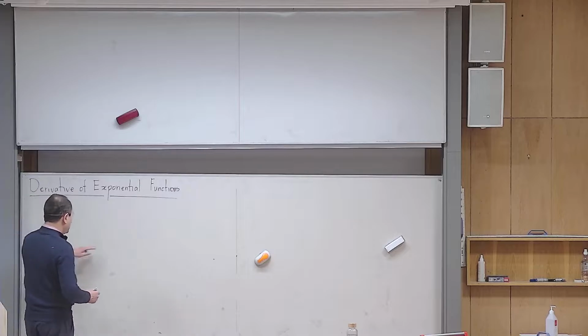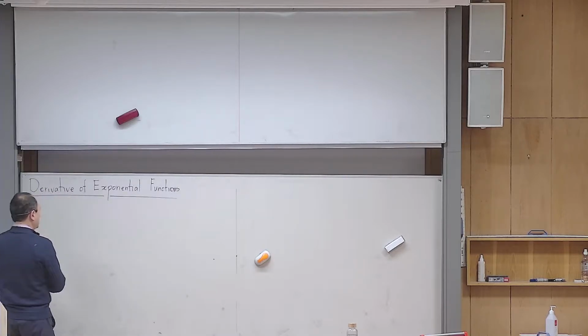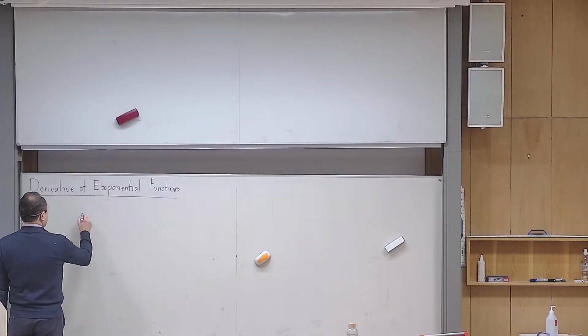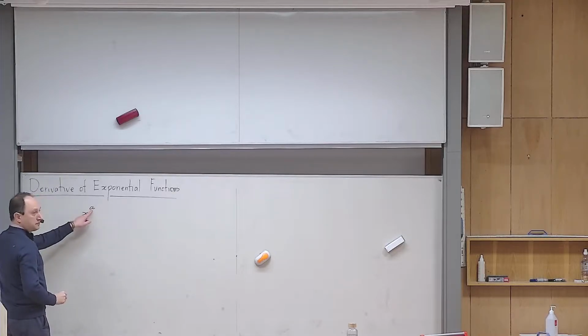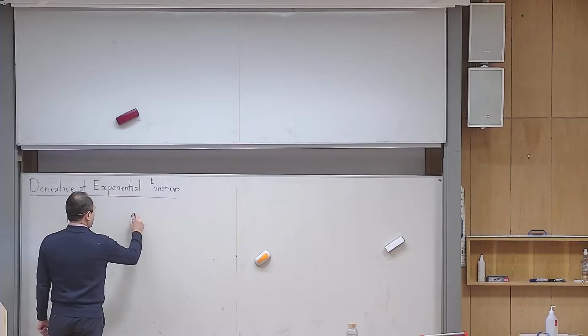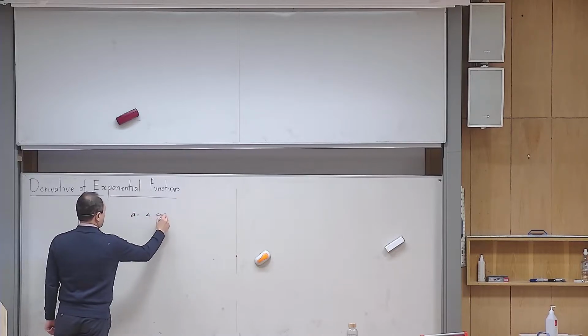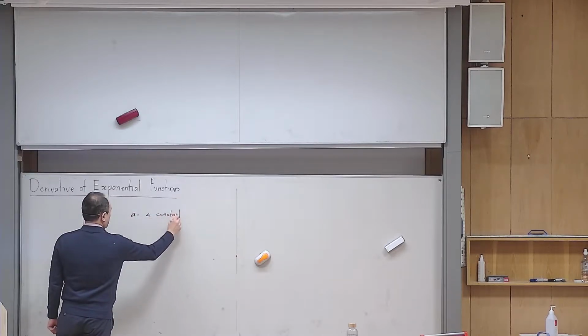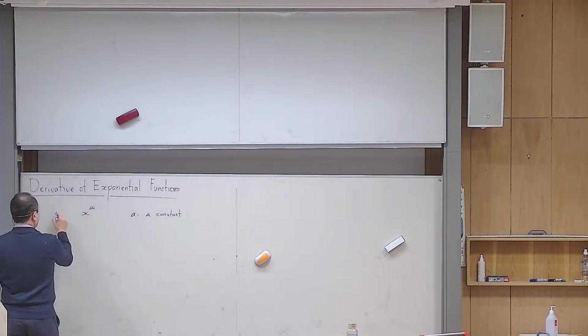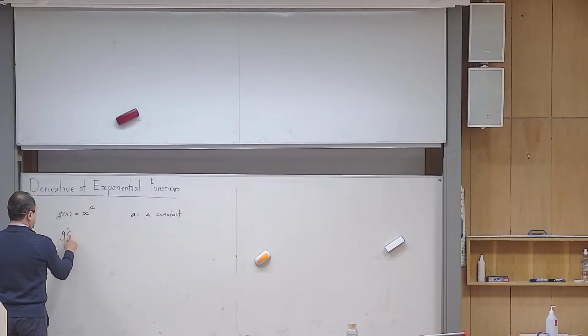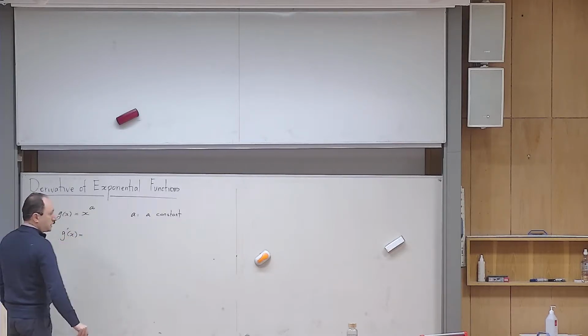Let me remind you, what do I mean? So far, if you remember, if I give you x to a power a, where a is fixed, a constant, if I give you this function, let me say this is g of x, and I ask you what the derivative is, you know the answer.